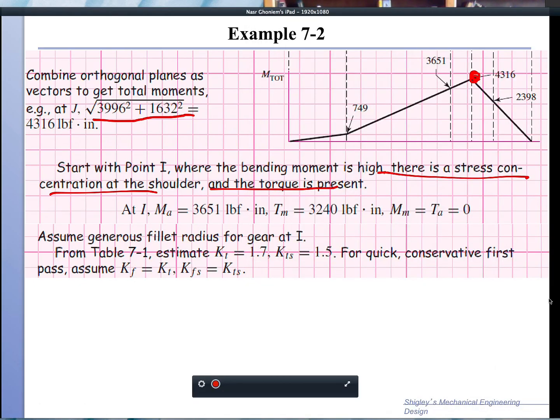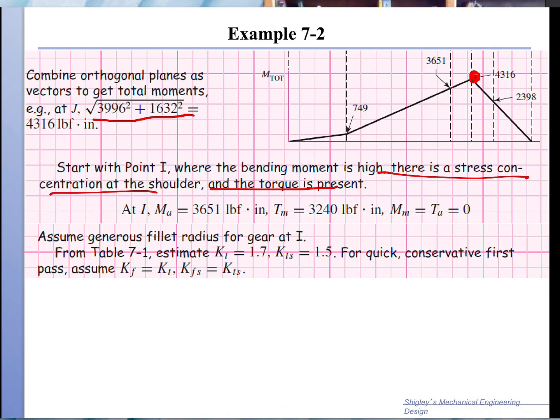So let's check it, and when you check it, you find that we have here a moment that produces an alternating value because the shaft is rotating, and a torque that produces a mean value because that's always constant, while the mean value of the bending moment and the alternating value of the torque are both equal to 0.